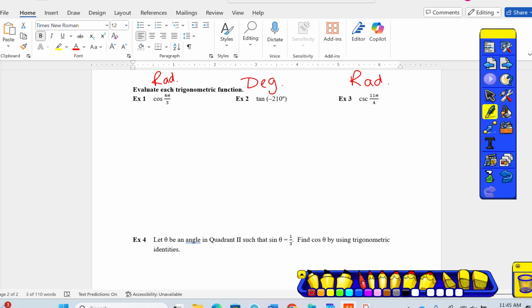So make sure, most of you have the blue calculators. You're going to scroll to the top right-hand corner and switch your mode. If you have the black calculator, you've got to change it in settings. Black calculators, there's a couple of you. Okay, 2 black calculators. What you can do is keep your calculator always in radians.